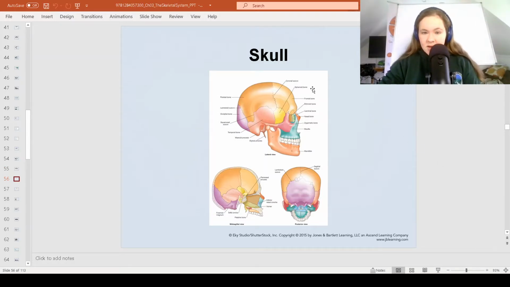Here you see the coronal suture. You can also see the mandible. This is the lateral view, this is the posterior view, and this is the sagittal view. You can see all the sutures. There are many more than you actually think of. We've got big plates, but we also have smaller underlying cracks.